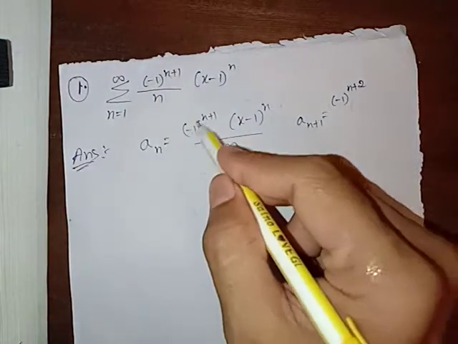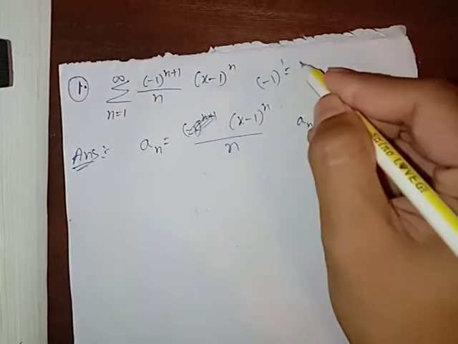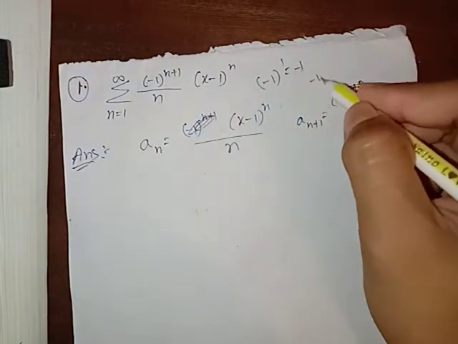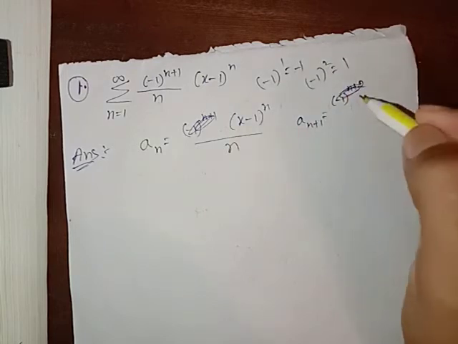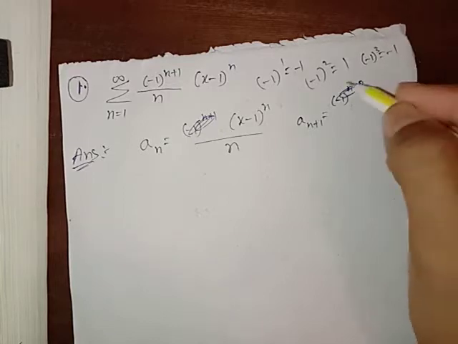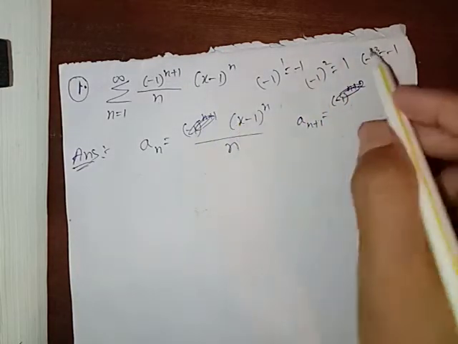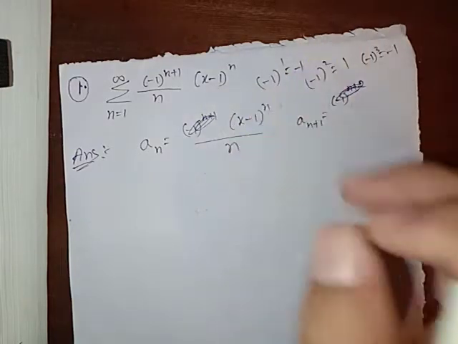Or we can remove this. Why? Because minus 1 raised to 1 means minus 1, minus 1 raised to 2 is plus 1, and minus 1 raised to 3 is minus 1. So it alternately gives unit value, so we can take only this.